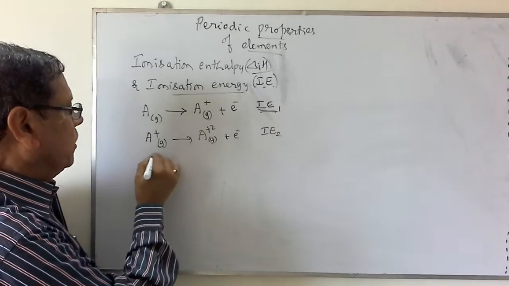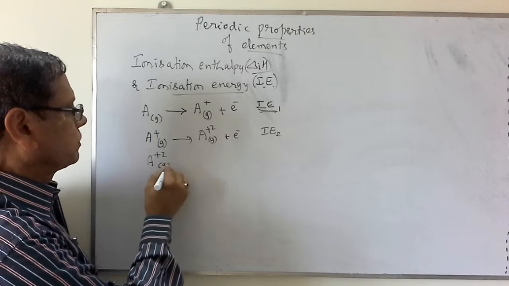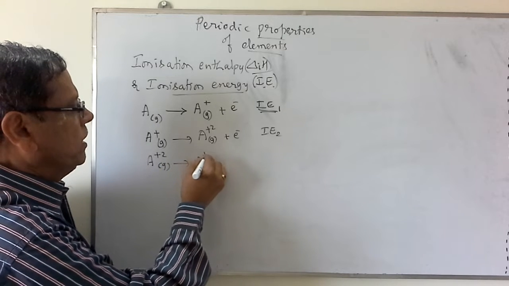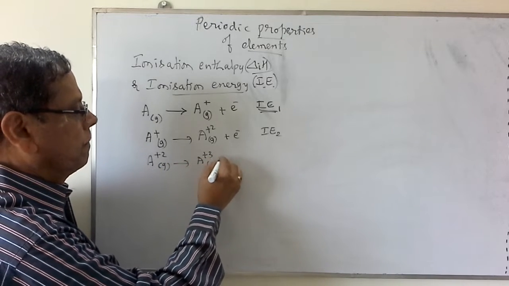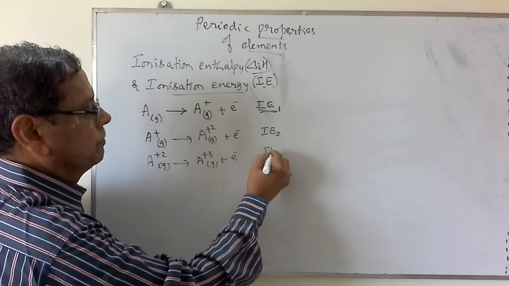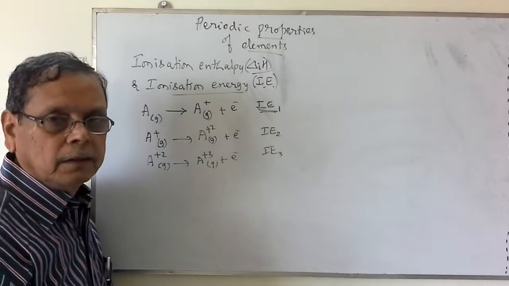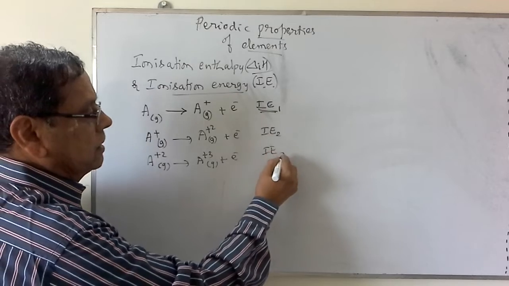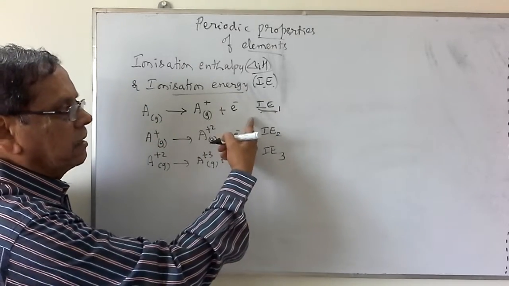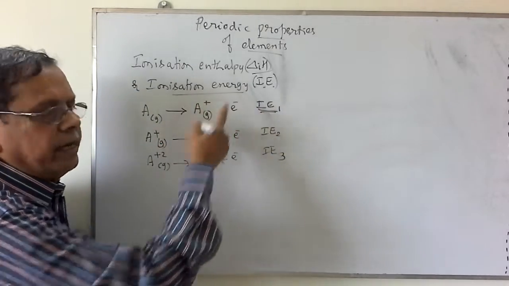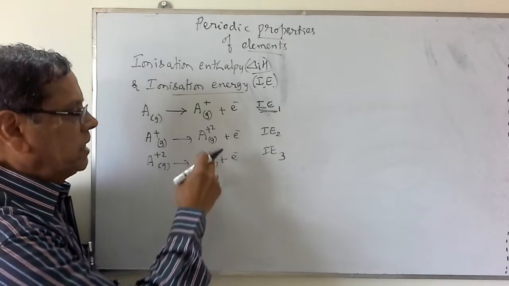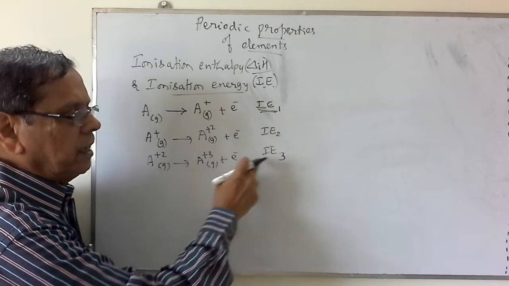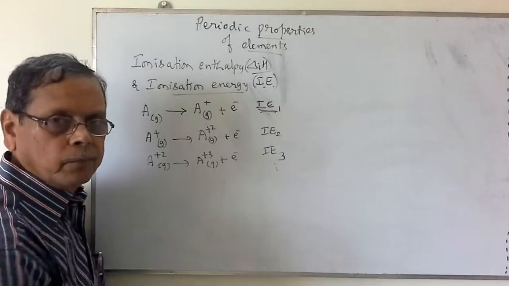Similarly, for the further removal of the electron, the energy required is called IE3. That is, for the removal of the first electron, the energy required is called ionization energy 1. For the second electron, it is IE2. For the third electron, it is IE3. Like that, we can continue.